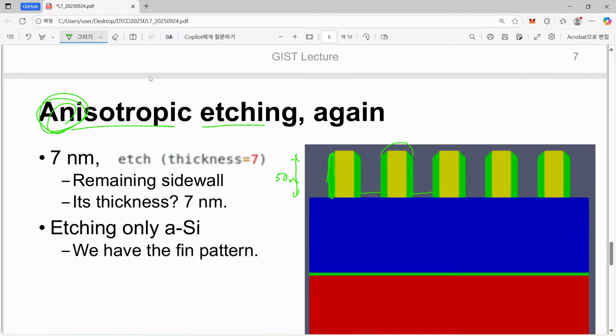Okay, so you can just call etch thickness equal to 7, and it will do anisotropic etching only along the vertical direction without any mask. We don't specify a mask here, so it will entirely eliminate the shape of our materials.